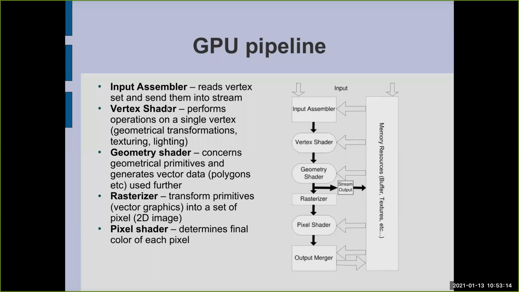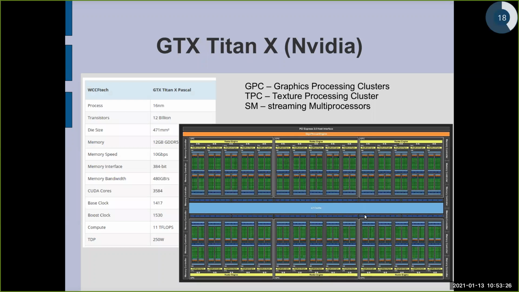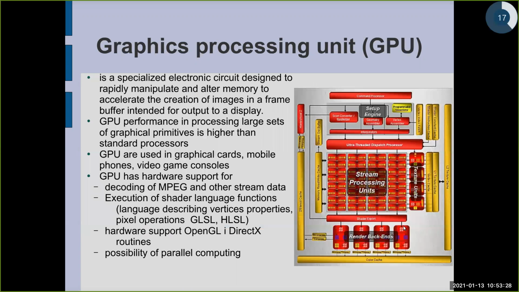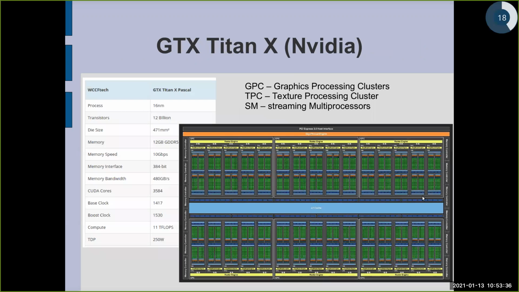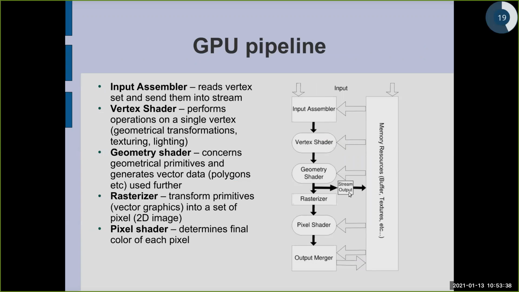So how the image processing is performed in graphics cards. So this pipeline is implemented on the GPU processor. So it doesn't utilize, or maybe only a little utilizes, the CPU processor.